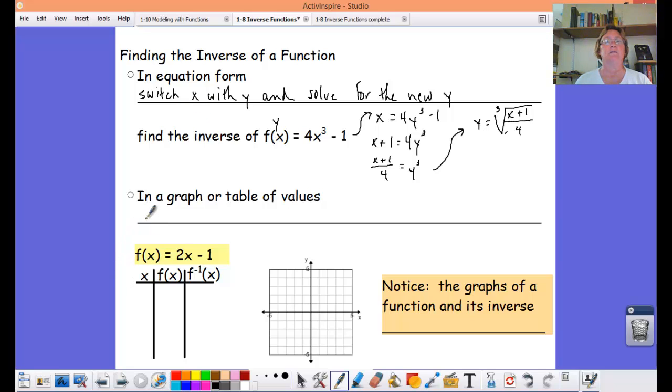If you're in a table or graph, to get the inverse function, you switch x with y. And I'd like us to see that here for just a second. If our function is 2x minus 1, we can set up a table of values there using, which most of us do, -2 to 2.